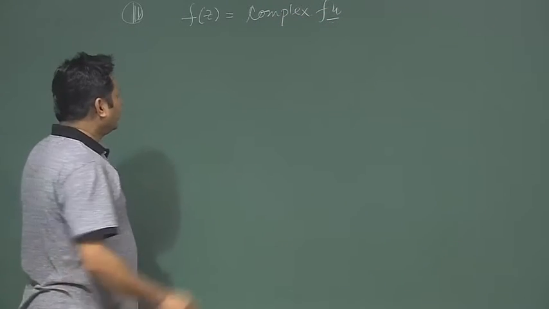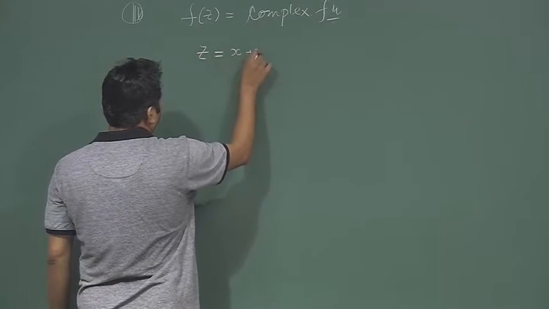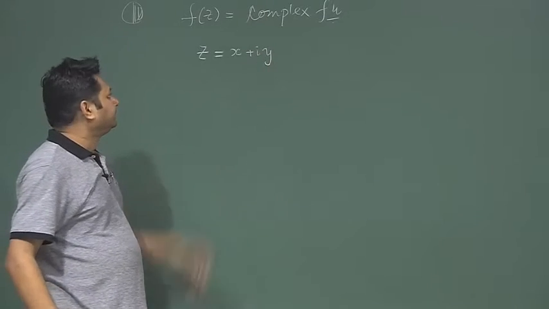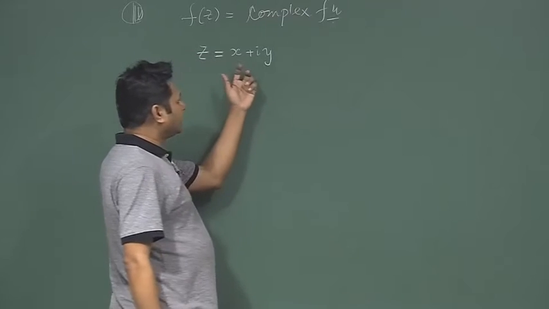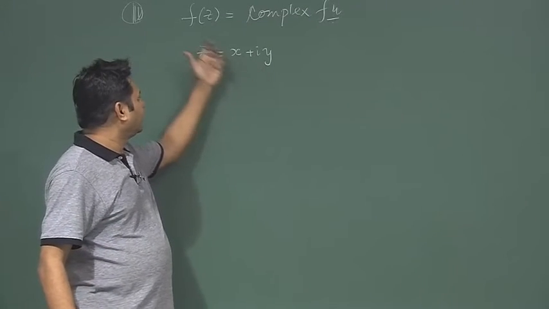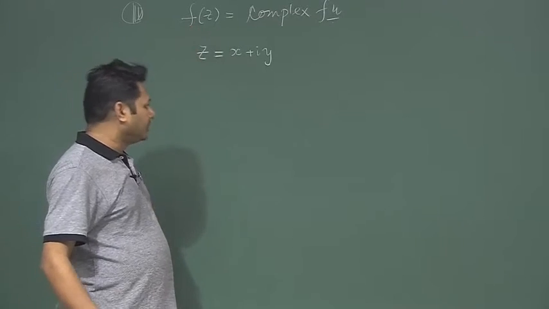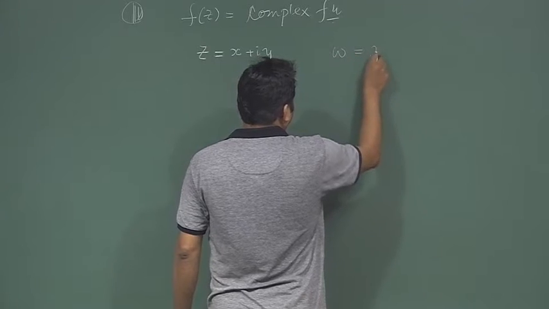And in the last class we mentioned that z is equal to x plus iy is the variable. So when this variable changes, x and y change, and as a result we have f(z), which is a rule. In the W plane we have something.